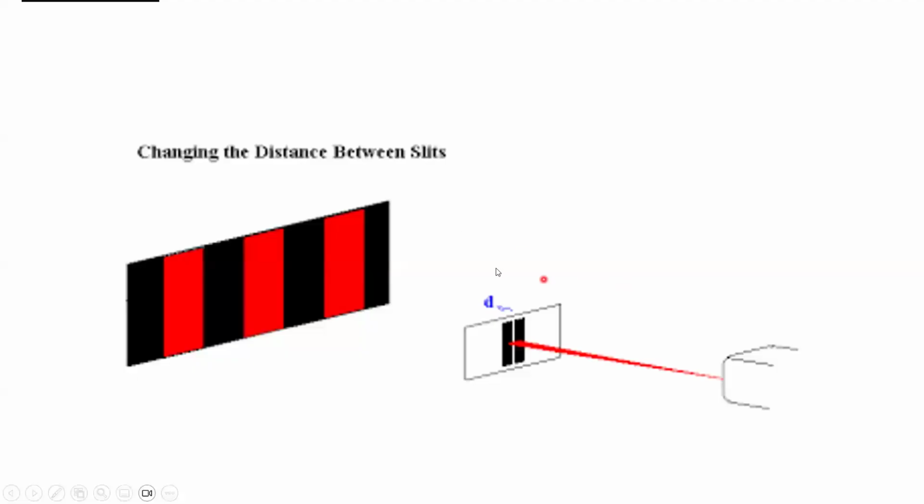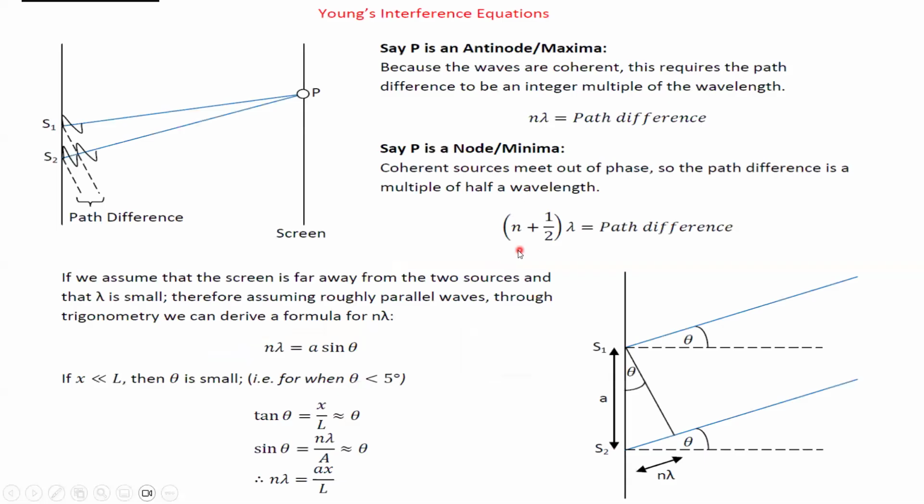But what if we have a double slit? If you have two slits, this is a Young's double slit experiment. You have to learn the formula for this, as well as the explanation for the Young's double slit experiment.